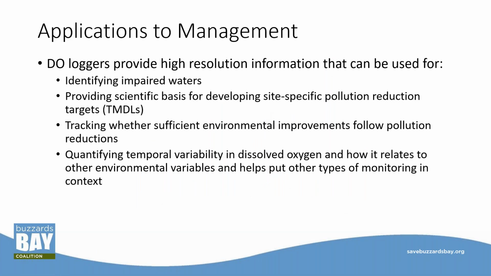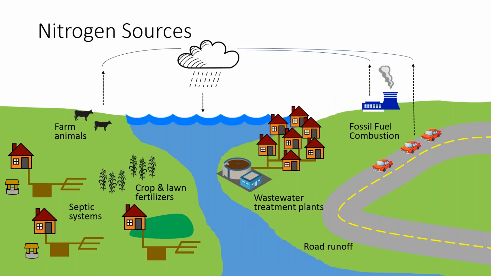All right, great. So now I'm going to switch gears. I've been talking about how we were tracking water quality impacts of nitrogen pollution, and now I'm going to switch gears to understanding and quantifying nitrogen sources. This is a generic cartoon of a typical watershed where we have nitrogen getting into the atmosphere through things like fossil fuel combustion and a little bit from farm animals, that is then rained down on the water.